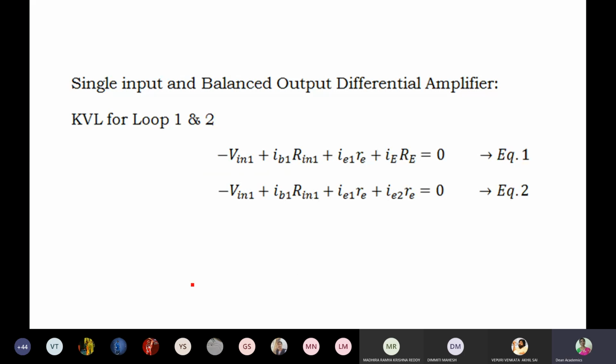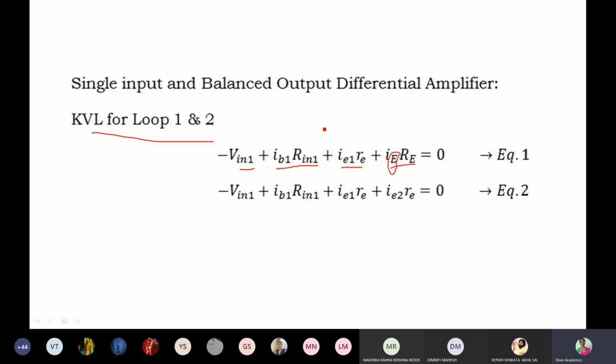So, single input balanced output differential amplifier. For that we are writing KVL for loop 1 and loop 2. I'll show you: Vin1 plus IB1 Rin1 plus IE1 RE plus IE into RE. Here, if you observe, I have written capital IE.